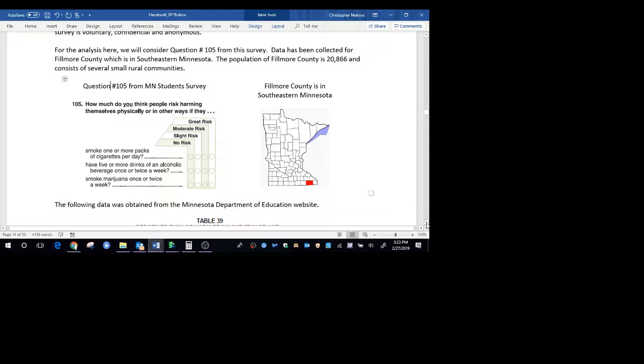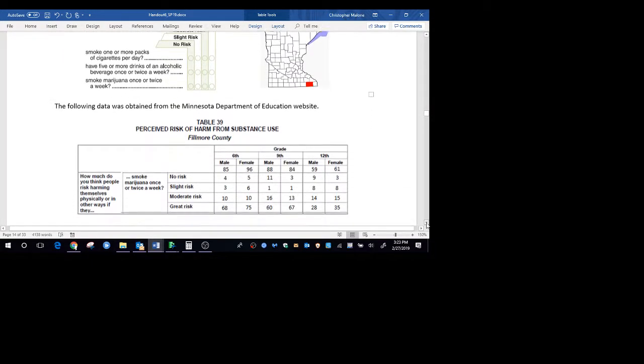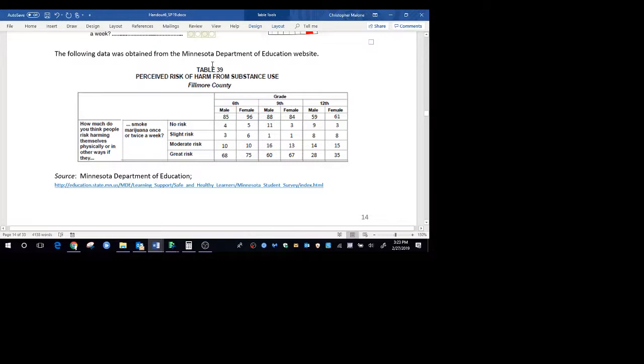If I get data from Fillmore County, looks like table 39 here, they actually break it out by different grade levels, and they're also breaking it out between males and females. I'm not going to worry about differences between gender here, but I am going to be working with grade 6, as I said.